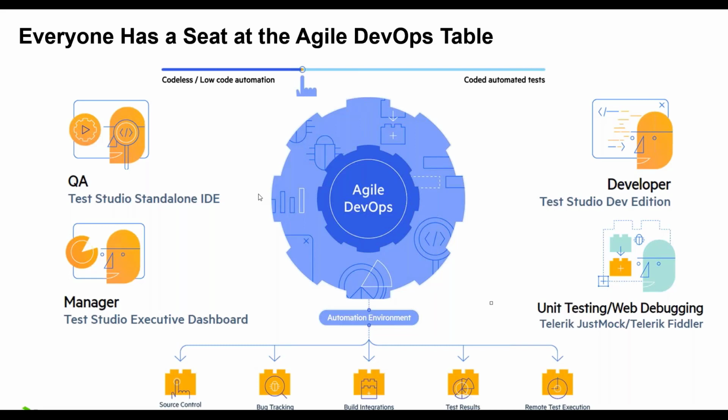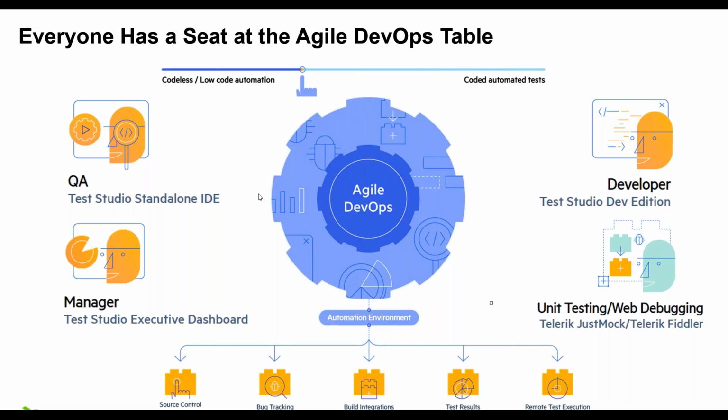And of course, as I said, all the results of your tests, of your schedules, can be shared with anybody within or outside your organization. Especially to make all the managers happy, we have introduced our executive dashboard, which allows you to see the results of those runs. Of course, we haven't forgotten the IT and the DevOps guys here.